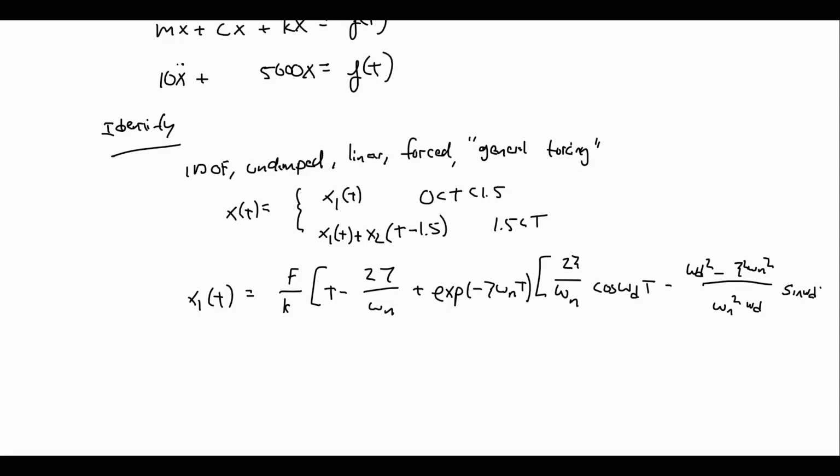So a lot in here, but some of this is going to drop out, and actually we're going to see that the f values are equal and opposite. So really we just have to solve for this one time.